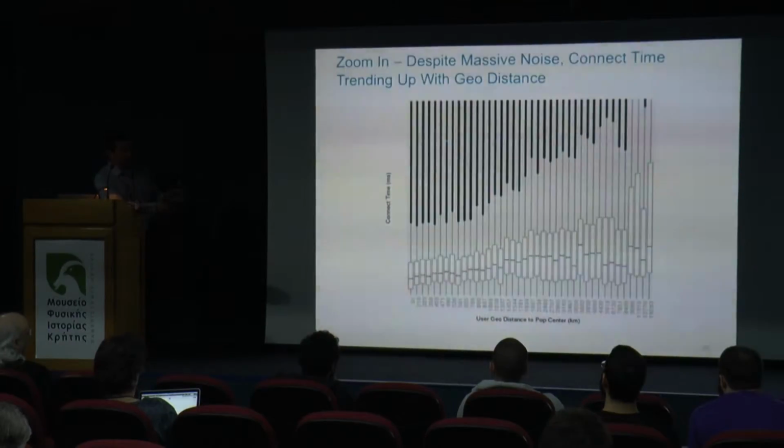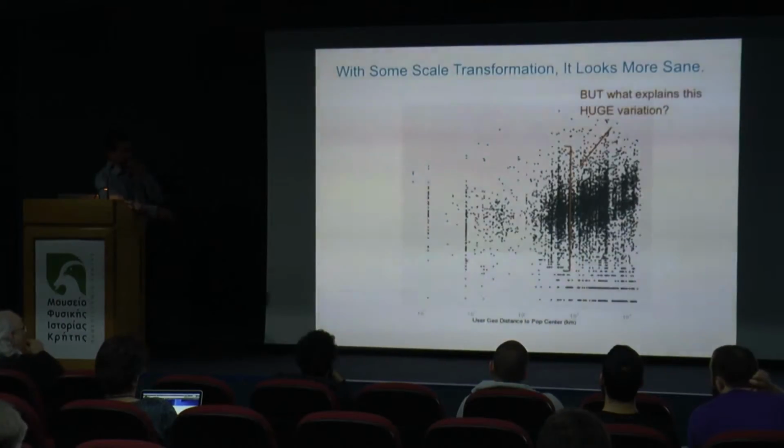They figured out that if we bucket this data into distance buckets, and then look at percentile connect times like the median, 95th, 75th or 25th, you can actually draw some relationship, and that makes sense. You'll actually see that as distance increases, connect time increases. So that gave us some hope. Then they also tried a log transformation.